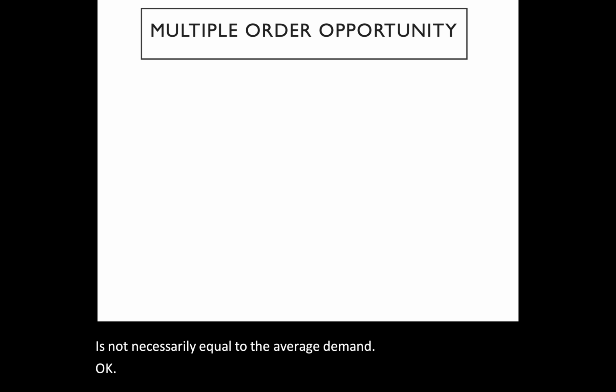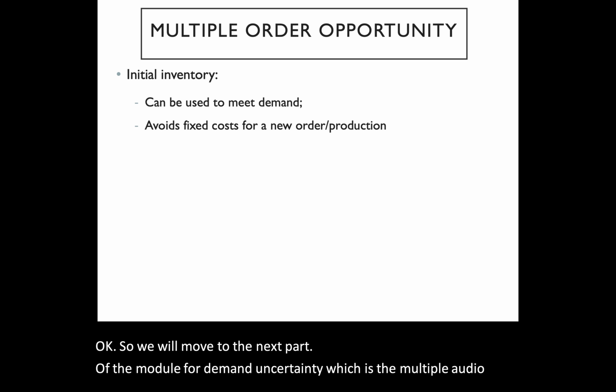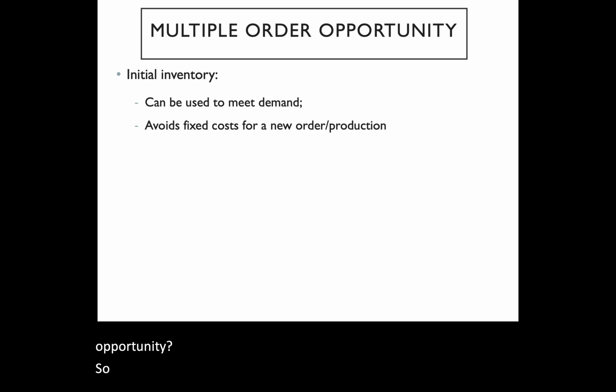Okay, so we will move to the next part of the model for demand uncertainty, which is the multiple order opportunity. In this one, we will need to define the concept of initial inventory.